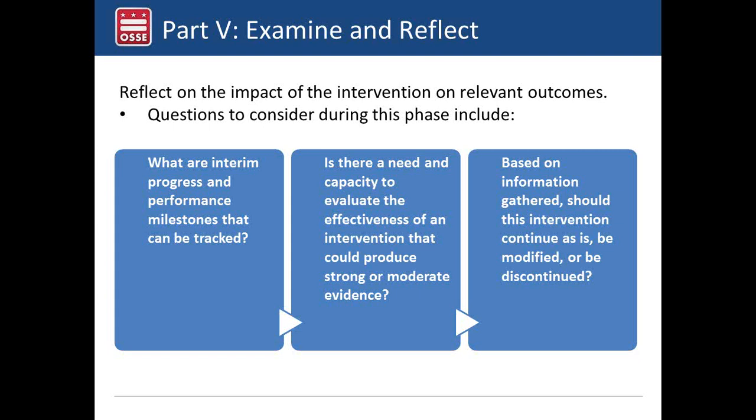Some questions to consider include, what are interim progress and performance milestones that can be tracked? Is there a need and capacity to evaluate the effectiveness of an intervention that could produce strong or moderate evidence? And based on the information gathered, should this intervention continue as is, be modified, or be discontinued?